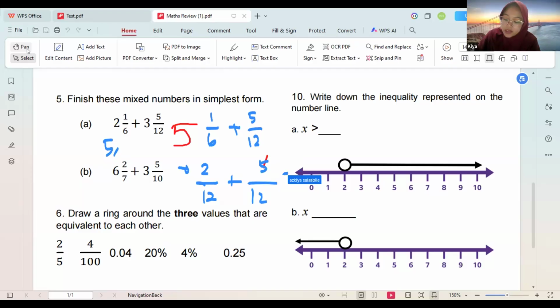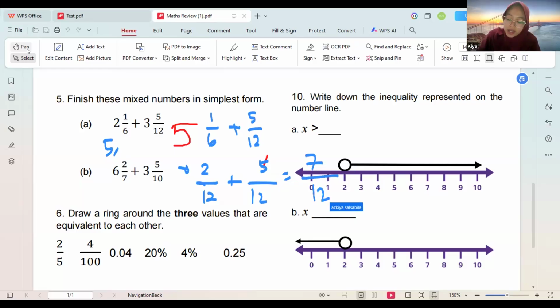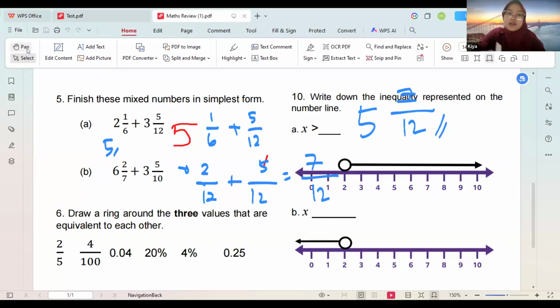And what is the result? 7 over 12. So you will have 5 and 7 over 12. Okay, get it? Now please solve on the screen, Jeffrey, so I can see where the incorrect part of your solving is.